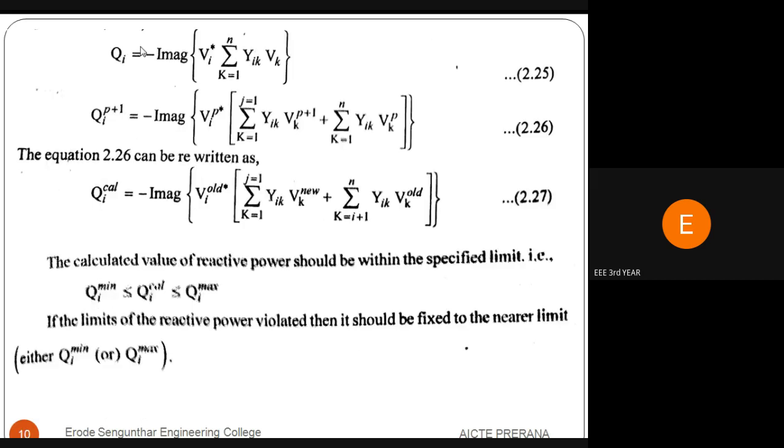Consider Q_i. Q_i is nothing but the imaginary part of the complex power.